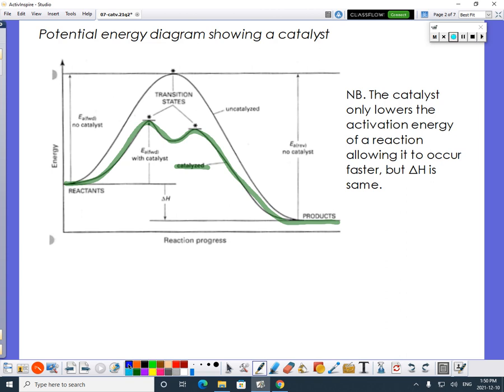So this potential energy diagram is showing a catalyst, and how do I know that? Because it's providing an alternate mechanism. How do I know that it's providing an alternate mechanism? There's two peaks. So in this representation, how many steps would there be? Two, okay? So we can write that down.